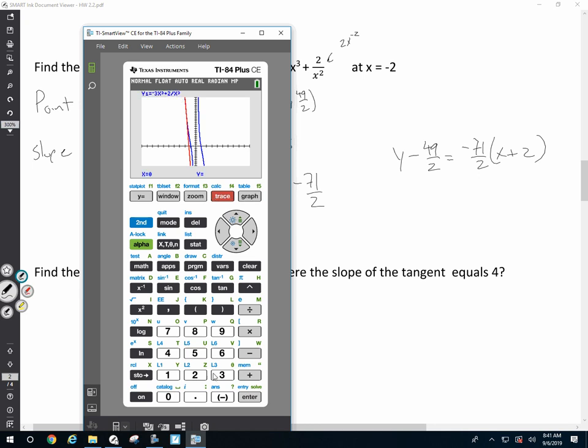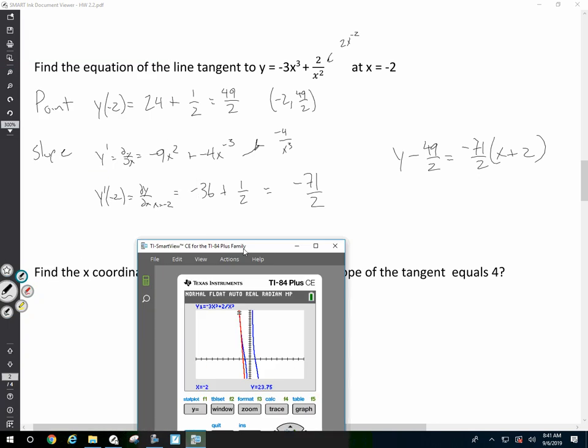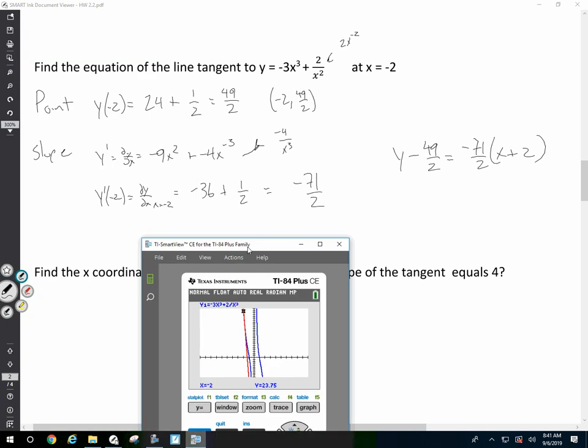And I can see at the point x equals -2. Oh, I think it's correct, but I actually think I'm off by a little bit.